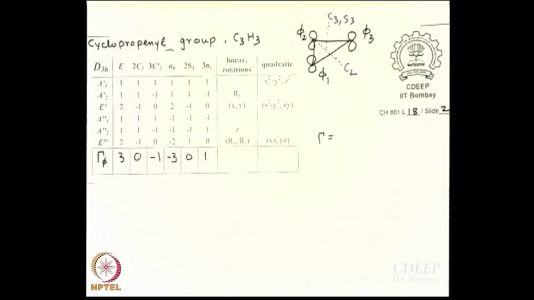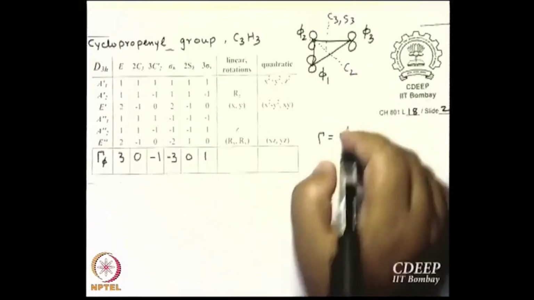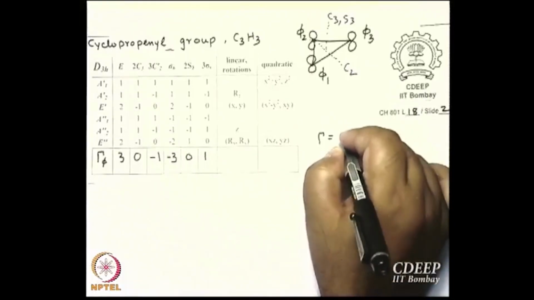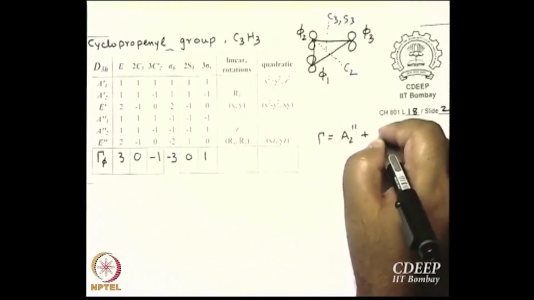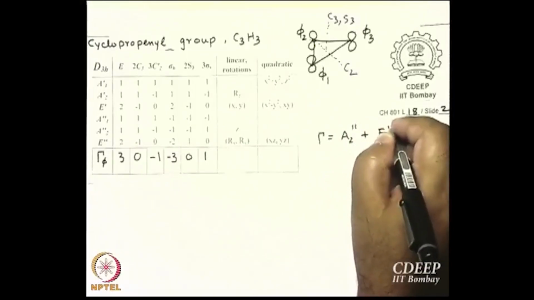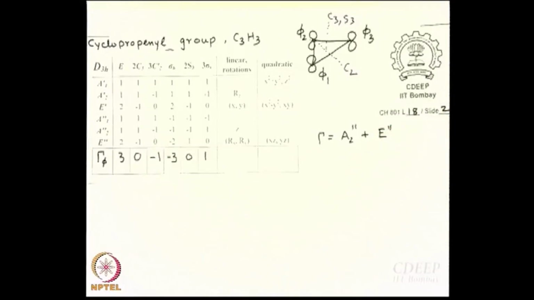You gave me the right answer. It says that it's called A2 double dash plus E double dash. E double dash, not E dash. Okay? So now what am I supposed to do?